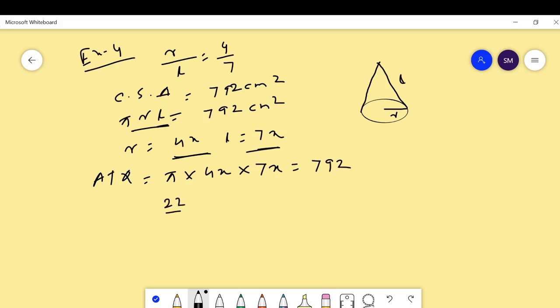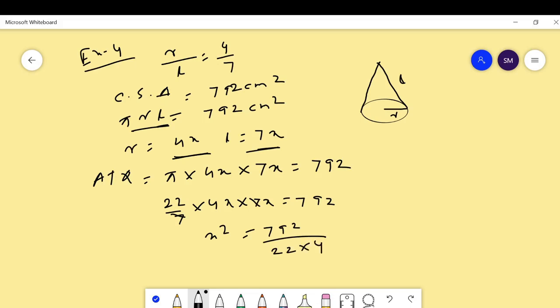Then pi is 22 upon 7 into 4x into 7x is equal to 792. 7 cancels. Then we get x square is equal to 792 upon 22 into 4.